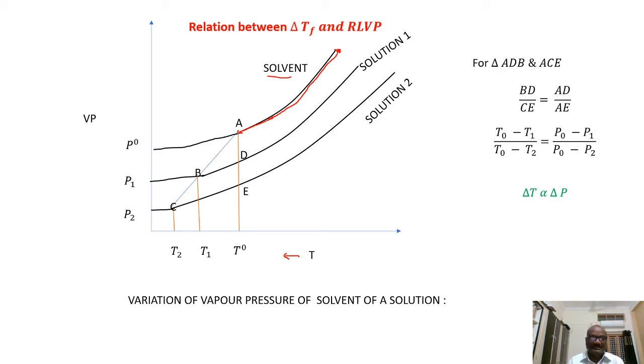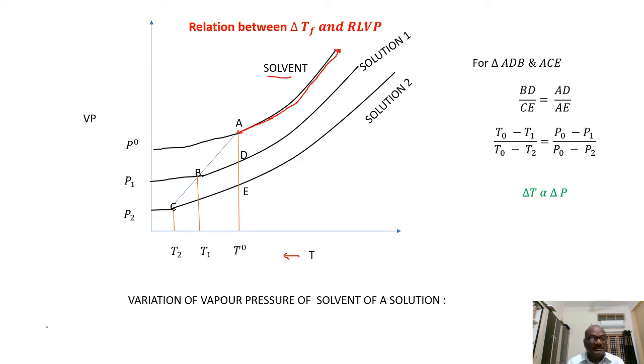So consider the solvent as water. If you decrease the temperature gradually, the vapor pressure also gradually decreases. When it reaches point A, liquid and solid will exist in equilibrium.